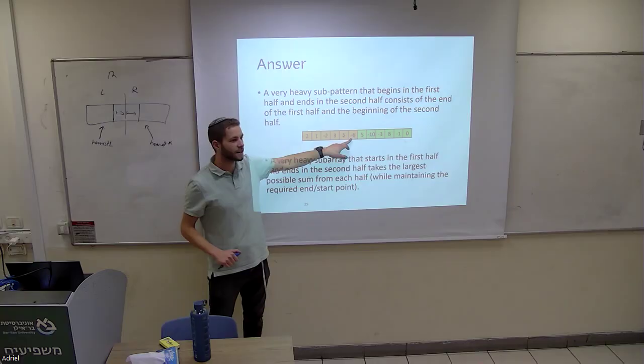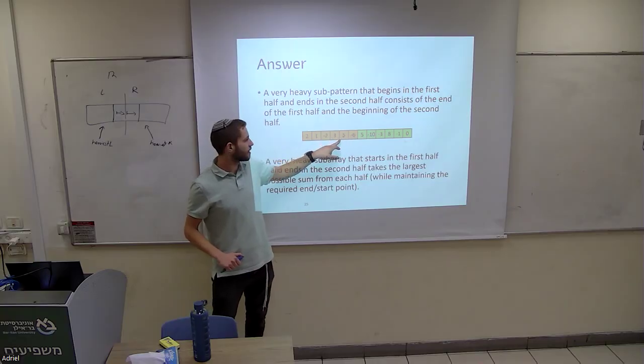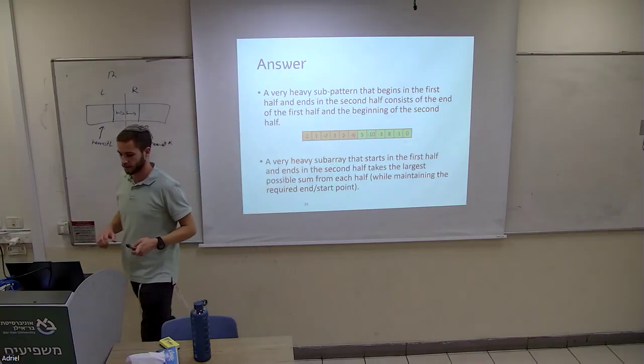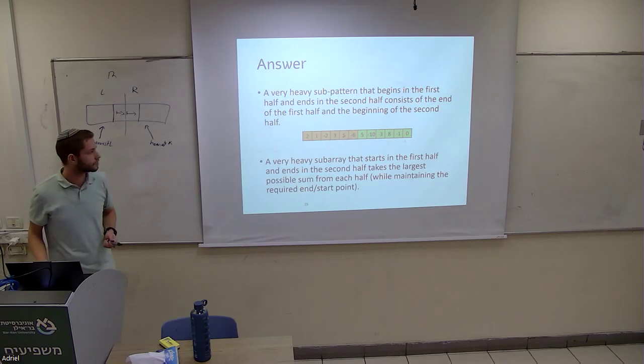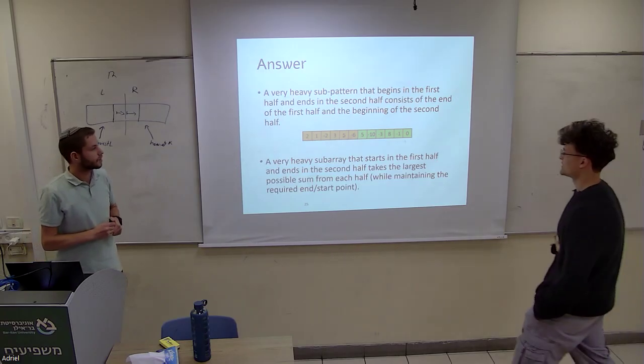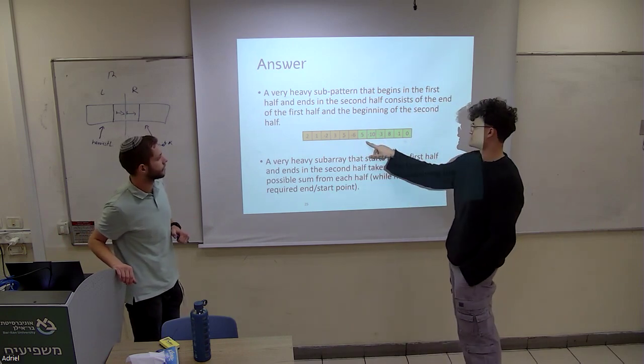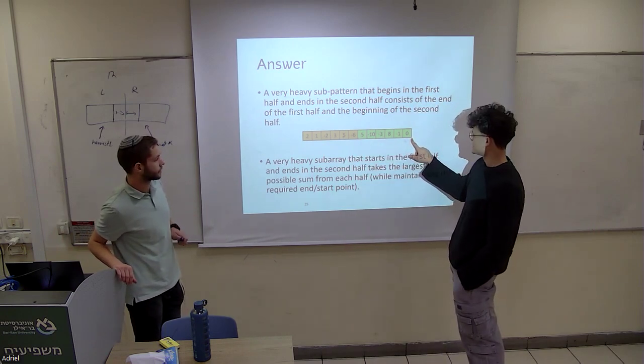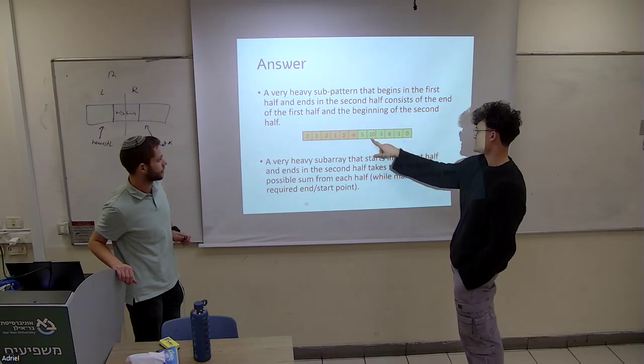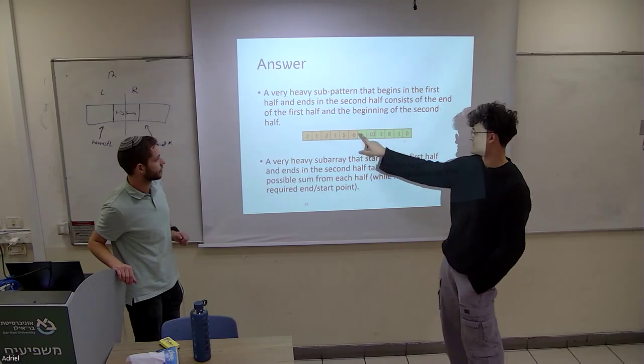You want to know how do we recalculate? It's in O(1) because for this whole array you want to calculate the heaviest suffix, right? So you take the max of the suffix of this part and the whole.